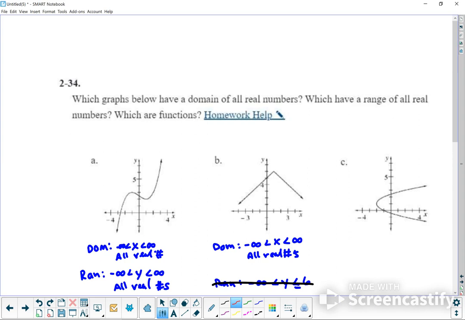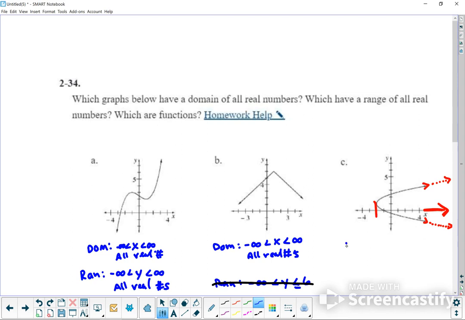Graph C, again, if you look at this, it has an arrow going this way, which means it's going to keep going in that direction. And it has an arrow here, which means it's going to keep going in that direction. So it's going to keep going as far as we can see on the right hand side, but on the left, it's going to stop right here at -2.